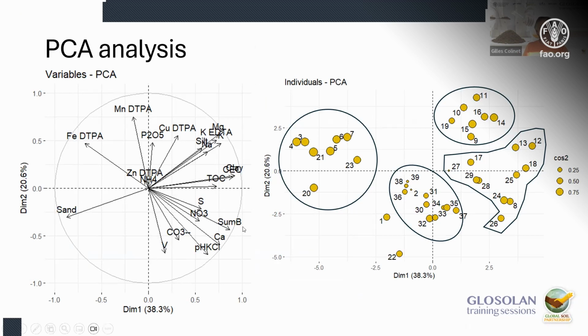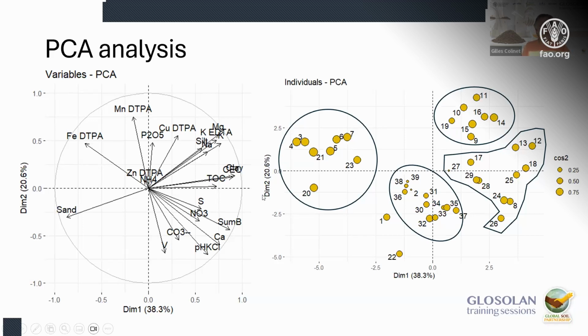And you can see that now they are going in different directions. You have a first dimension where you will find the clay, the sum of the bases, and at the opposite you will have the sand and, we don't know exactly why, the iron extracted by DTPA.